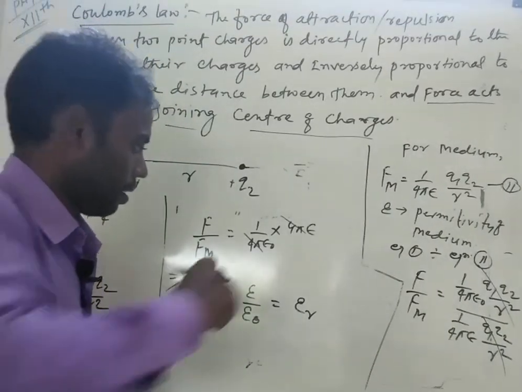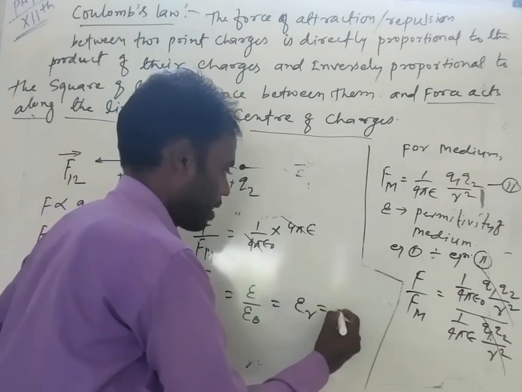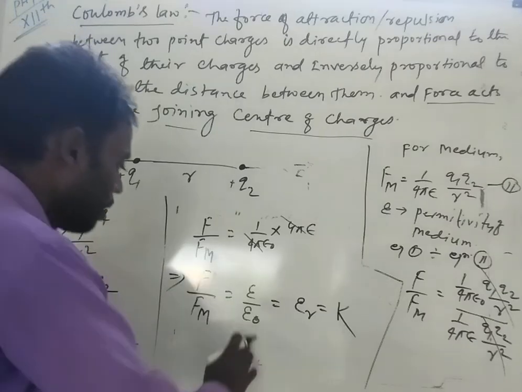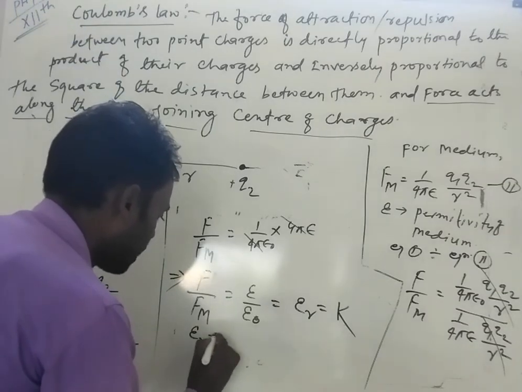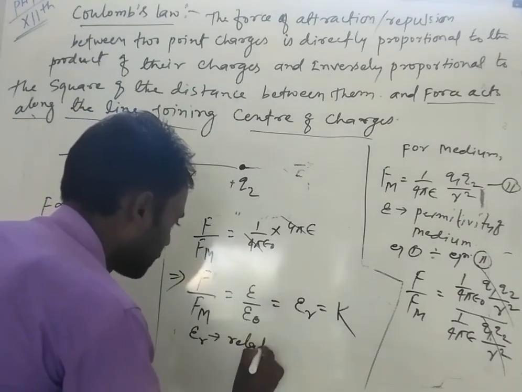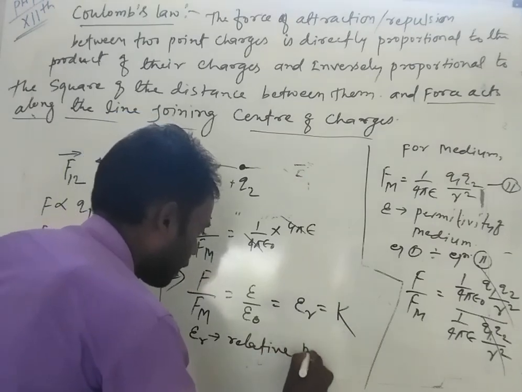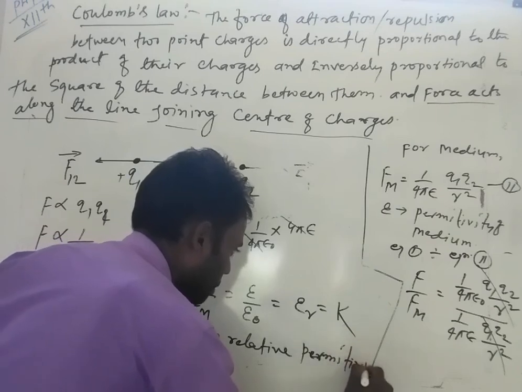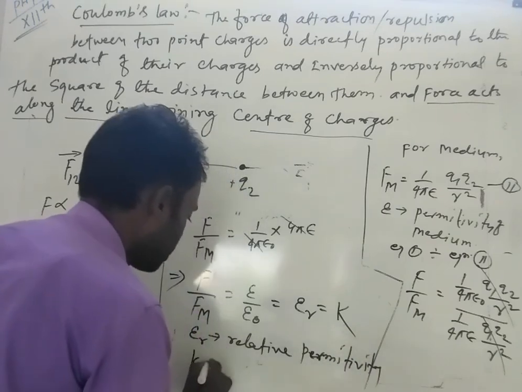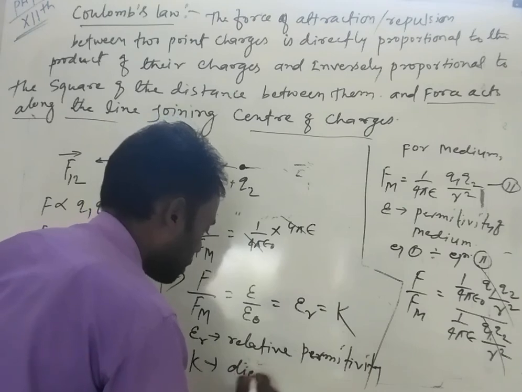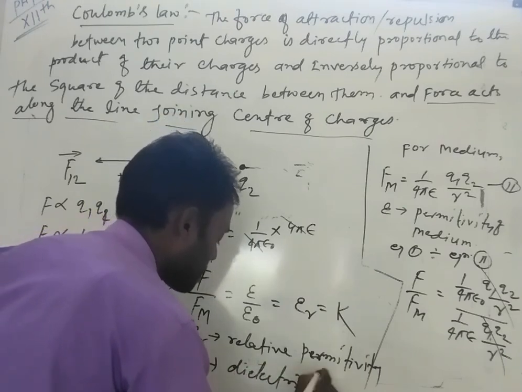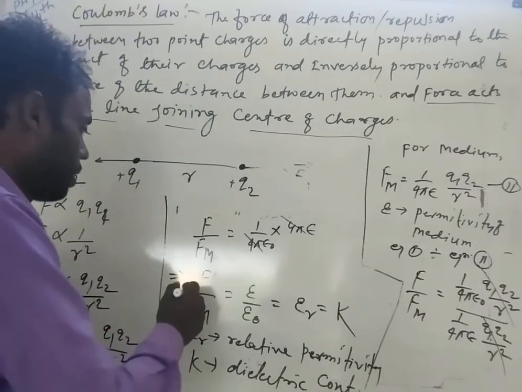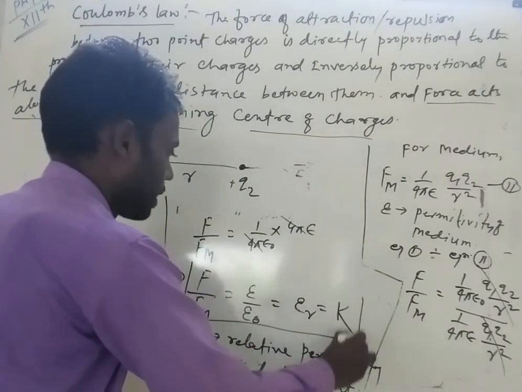It is also known as the dielectric constant, denoted by capital K.